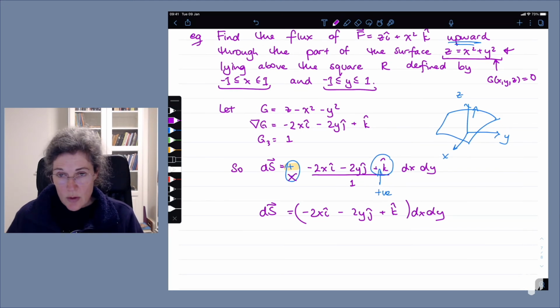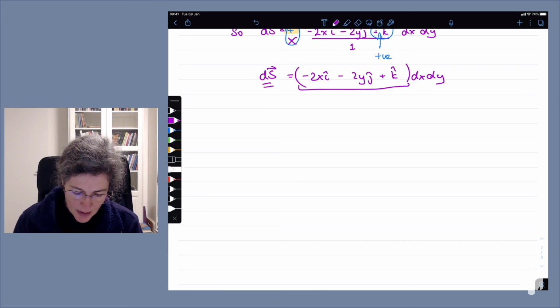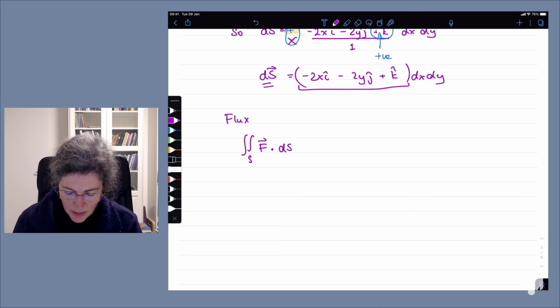And so we can put this all together. Okay, so we need to find our flux here. What we're wanting is the flux, which is the integral over the surface of our vector field dotted with our little surface element. And what we've found here is our surface element is this thing here.